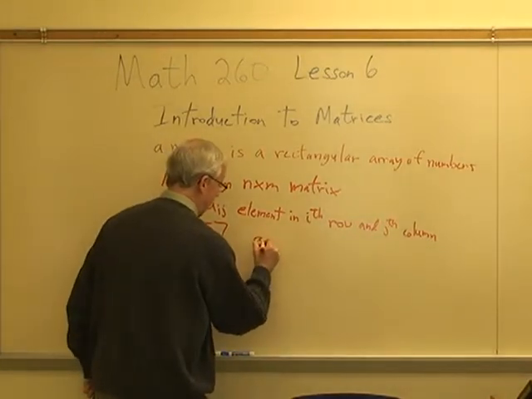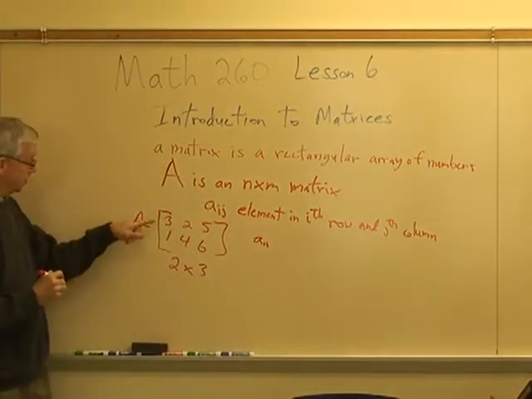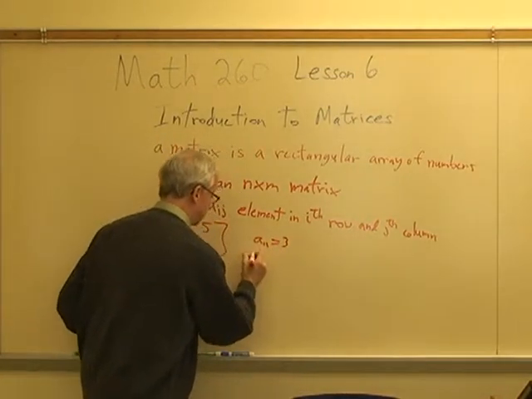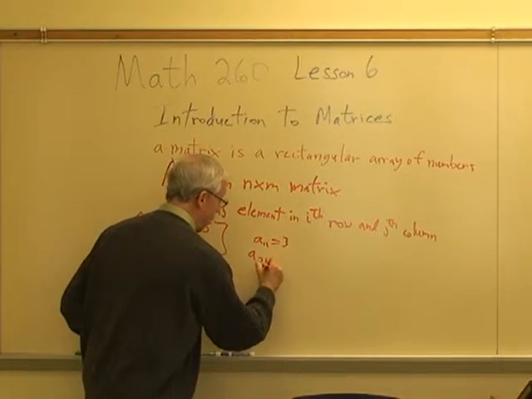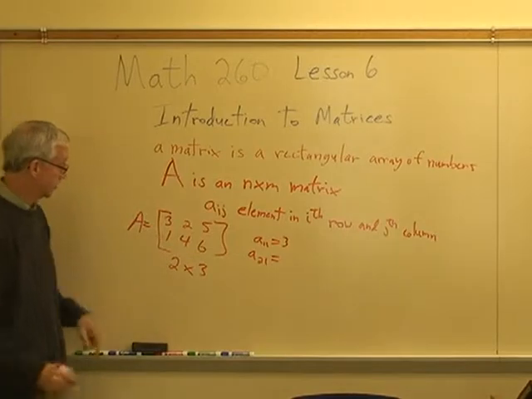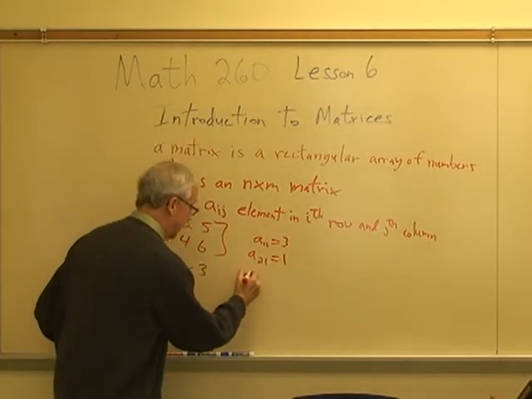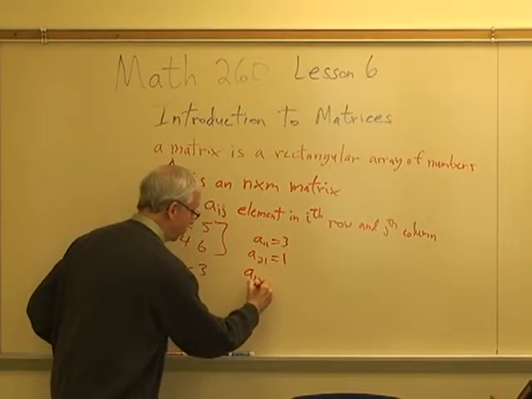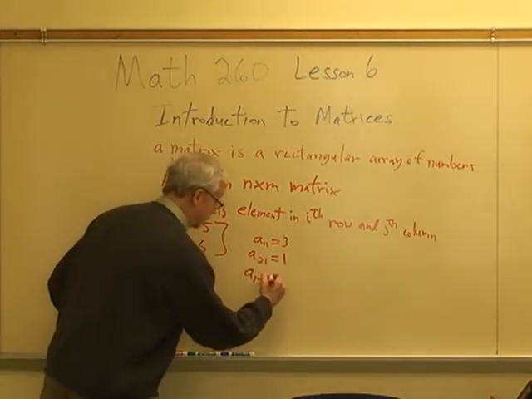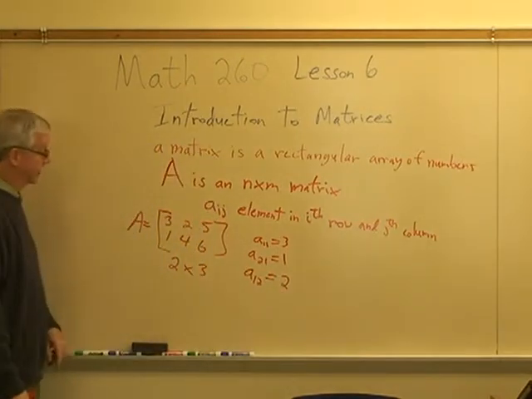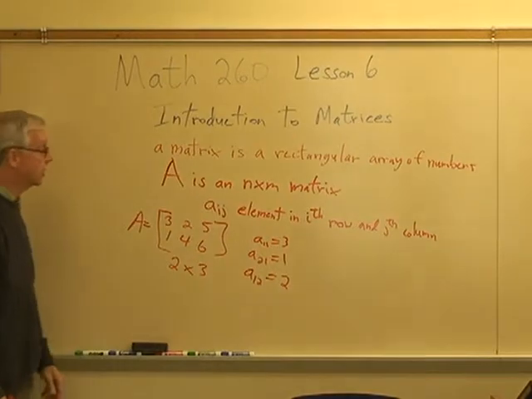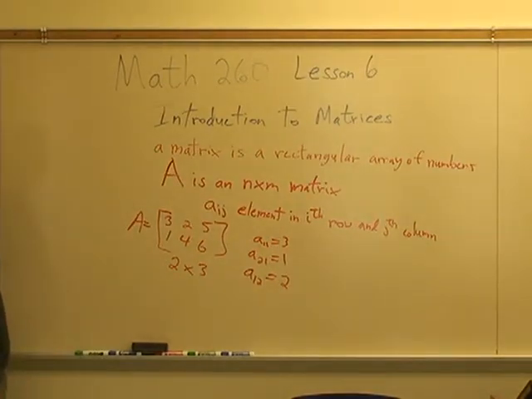And a11 would be the element in the first row and first column. a21 would be the element in the second row, first column. And a12 would be in the first row, second column, etc. So this is how we index or pick off individual elements of a matrix.